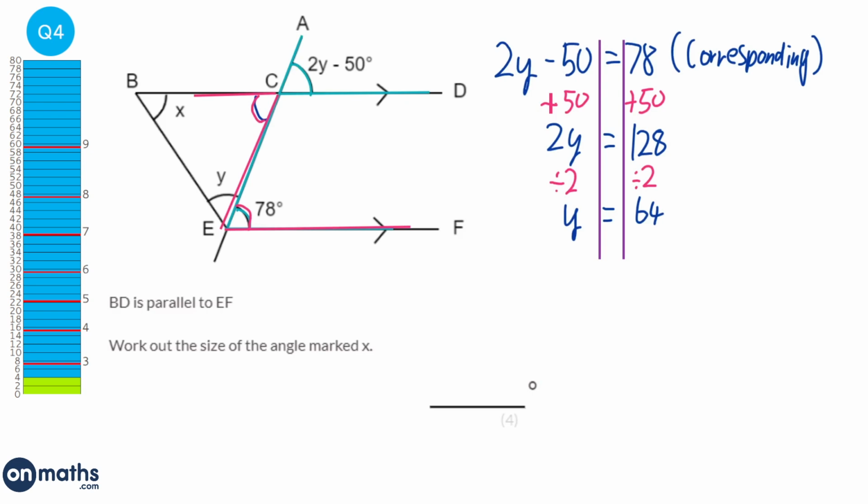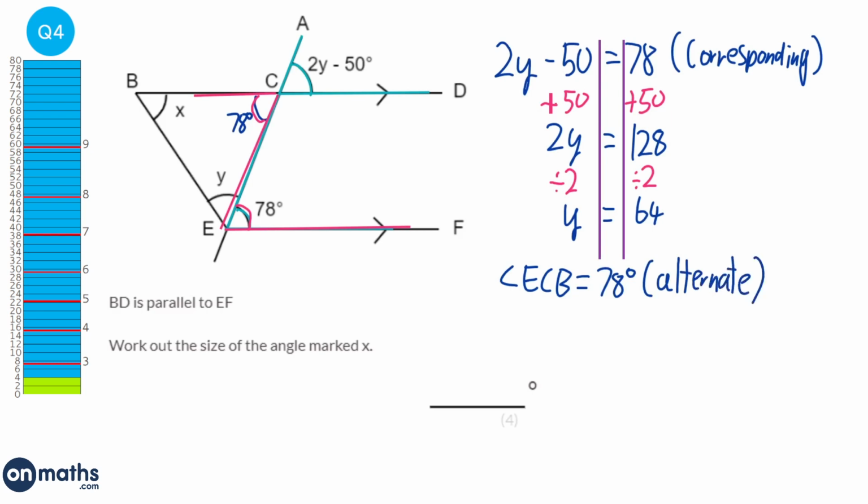So I can write that down here. Angle ECB is equal to 78 degrees. The reason for that is alternate angles.